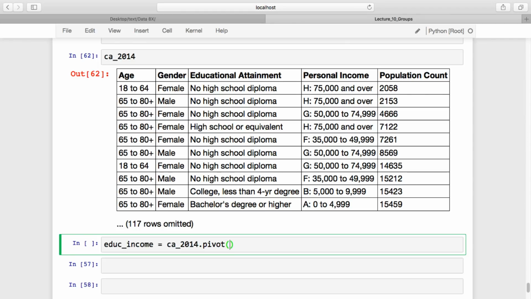We will cross-classify by educational level, that's column 2, and personal income, that's column 3. We will take as our values the population count, column 4, and we will sum them up. So we will get a total count in each education income cell.